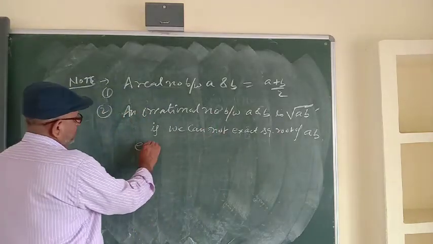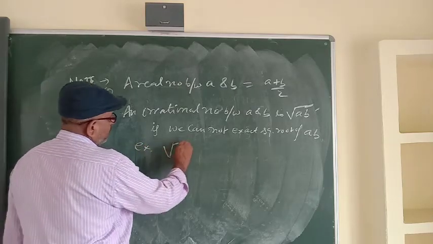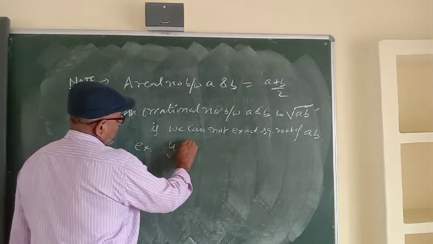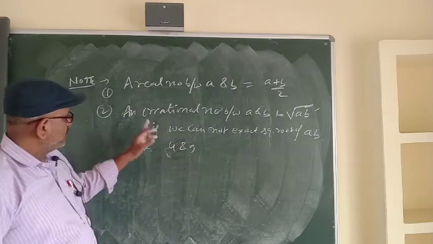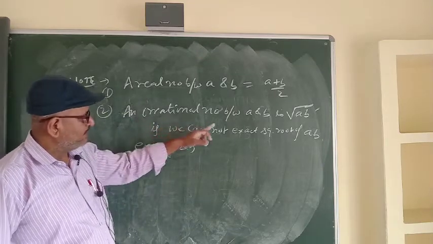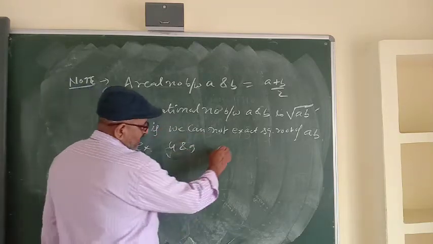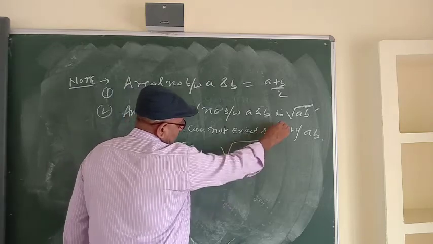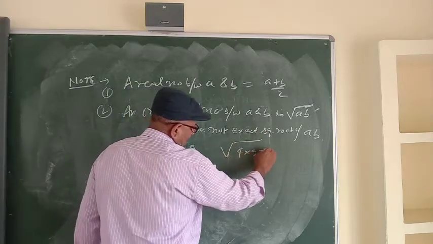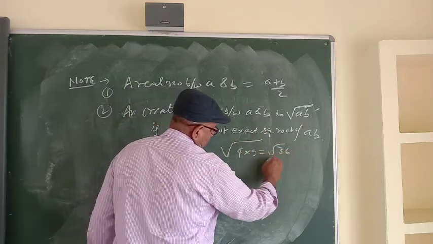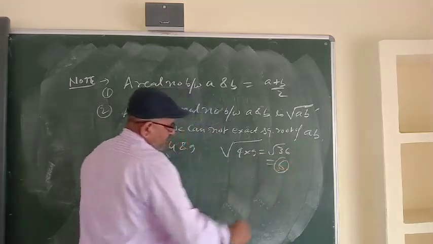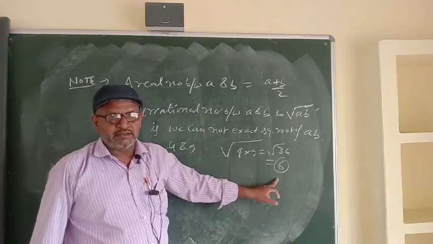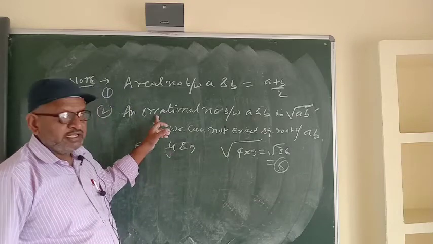See the example, root 4 and 9. If we have to insert one irrational number between 4 and 9 and we take 4 into 9, that is 36, its square root is 6, where 6 is a rational number. It cannot be irrational.